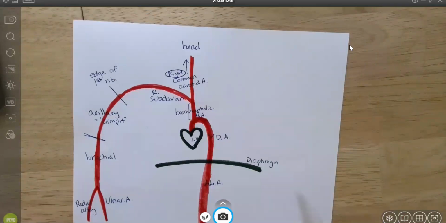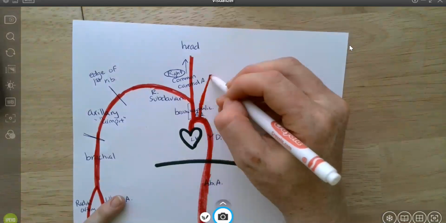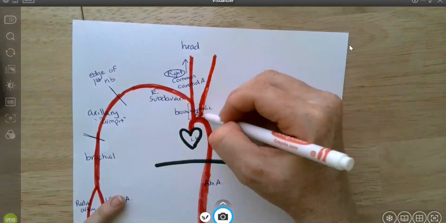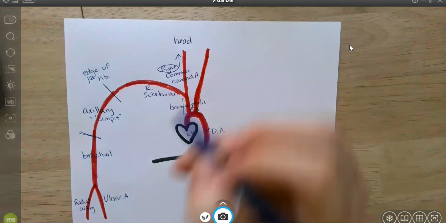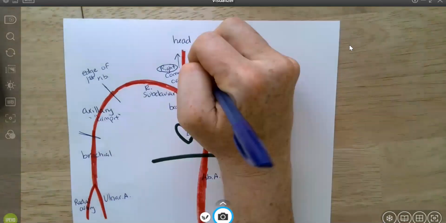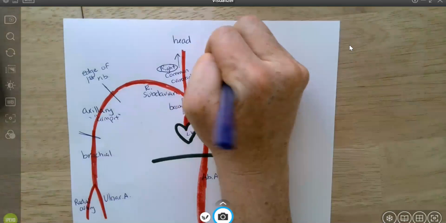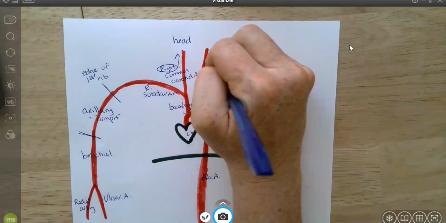The second branch of the aortic arch is going to go up, running along the right common carotid artery. This one is called the left common carotid artery.